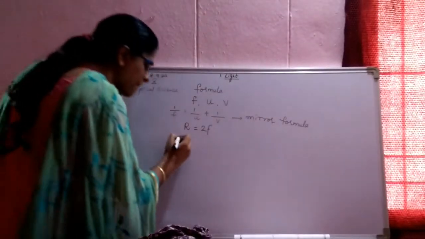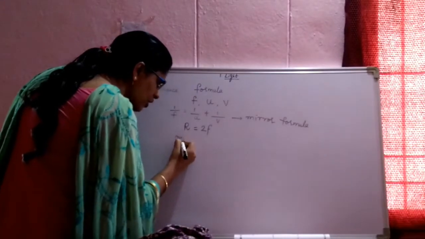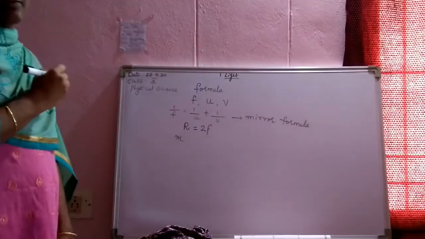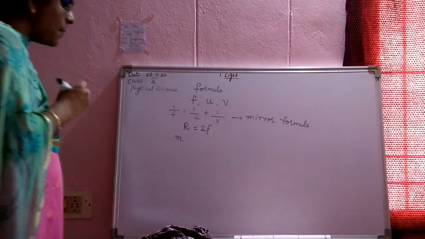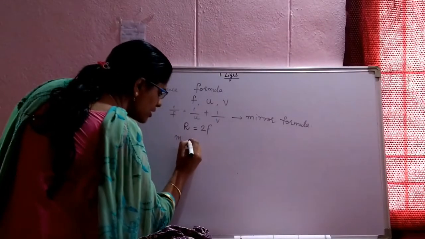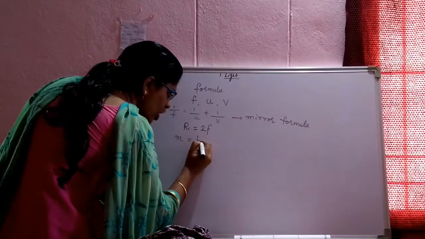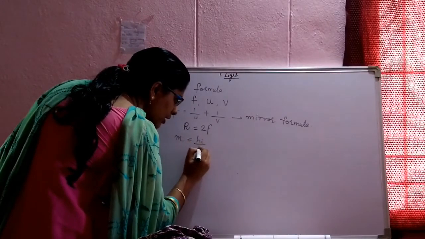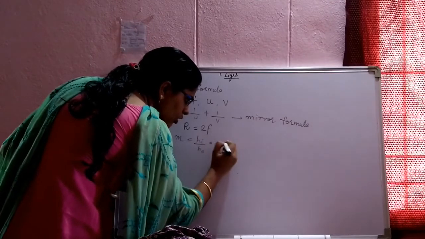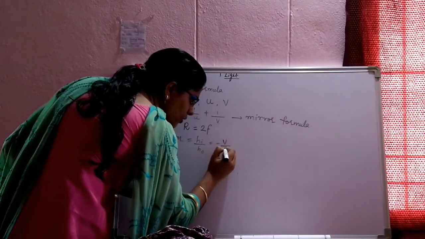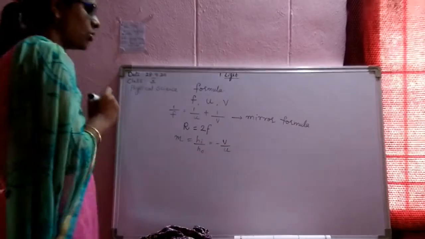Now, magnification we call small m. We always denote it with small m. Magnification means hi by ho, which is also equal to minus v by u.